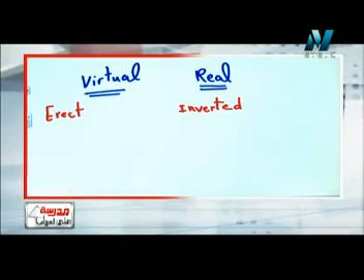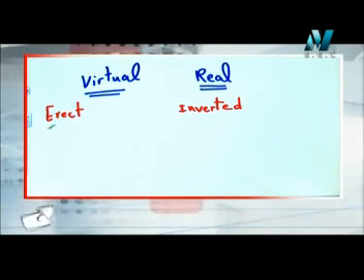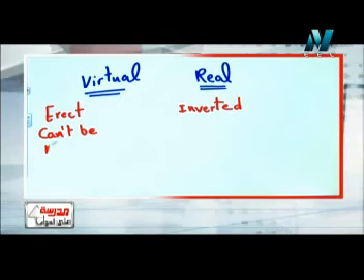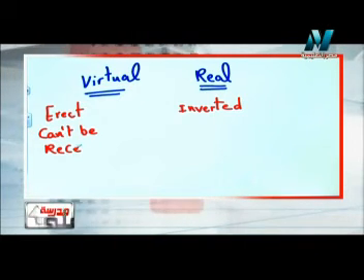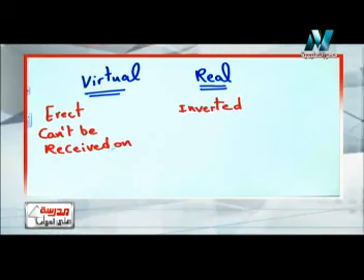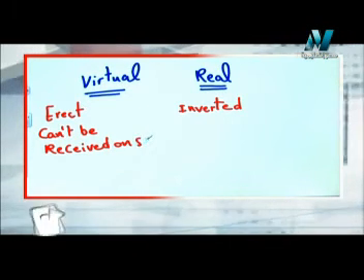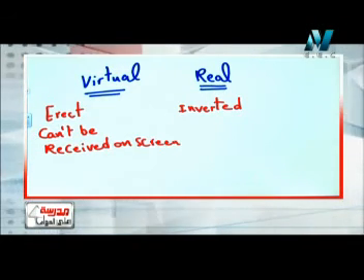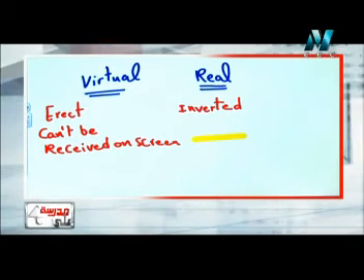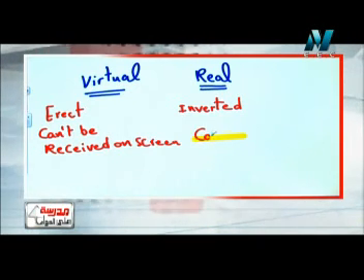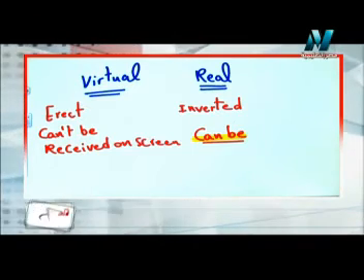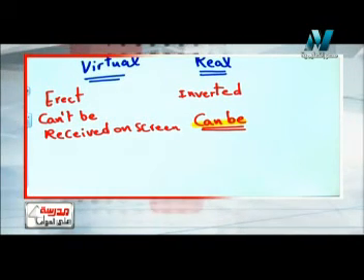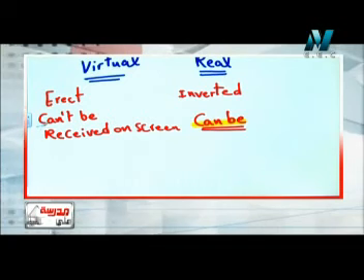Number 2, virtual image, أقول له can't be received on screen. انما real image اقول له لا, real image here can be received on a screen. يبقى هنا real image اقول له ايه؟ Can be received on the screen. لو جينا بقى هنا to explain why, اقول له because virtual image can't be received on the screen.